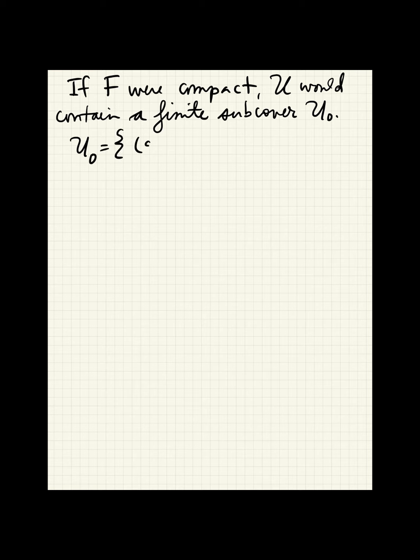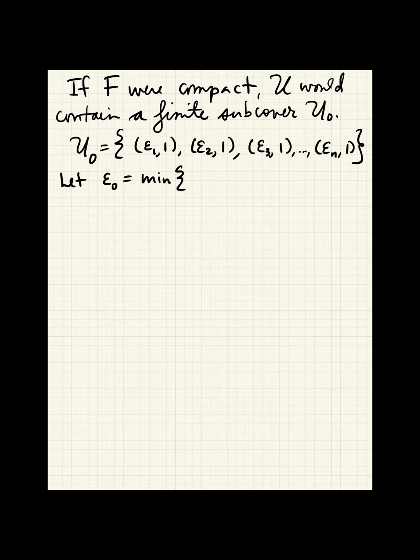It would be a collection of intervals of the form epsilon to 1, and since it's a finite subcover, there'd be a finite number of these intervals. Okay, so let's let epsilon naught be the minimum of these epsilon i's. So it's the smallest left endpoint.